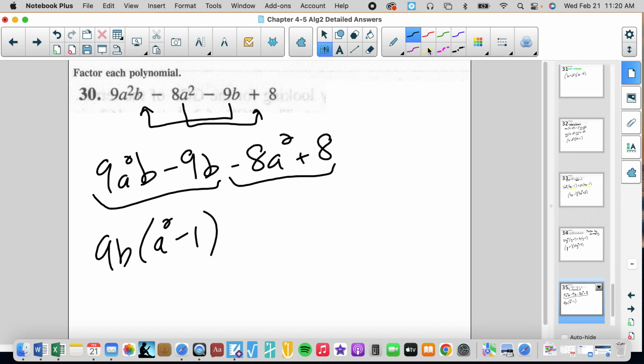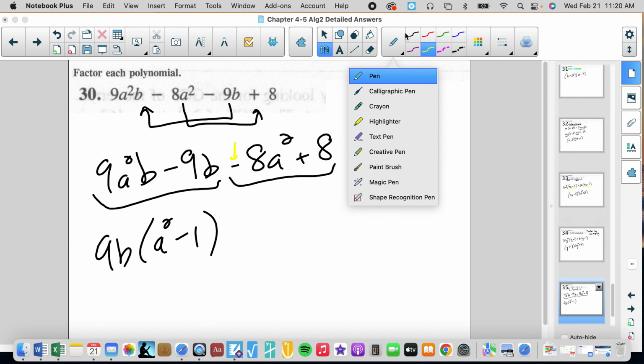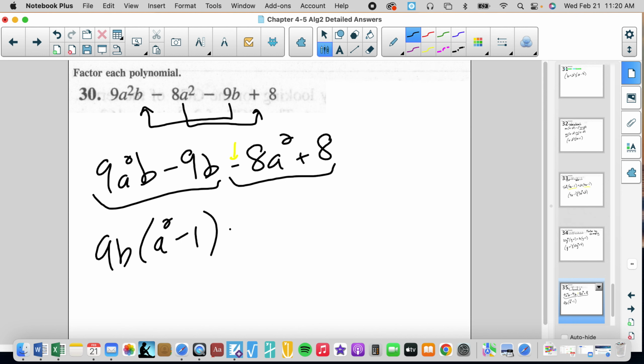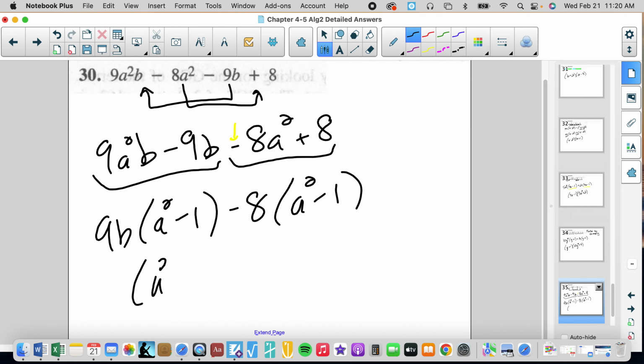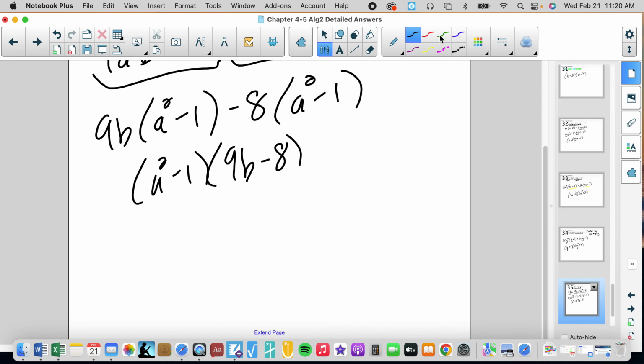I'm going to factor out, notice, first term negative of that grouping. So I'm going to factor out a negative 8, and I get a squared minus 1. Those are the same, a squared minus 1. They must be. And then I'm left with 9b minus 8. I have to see if I can still factor.